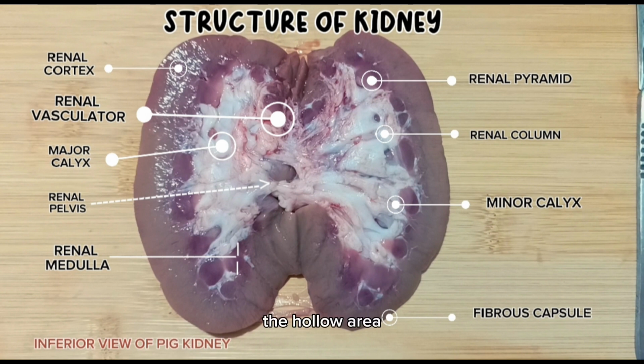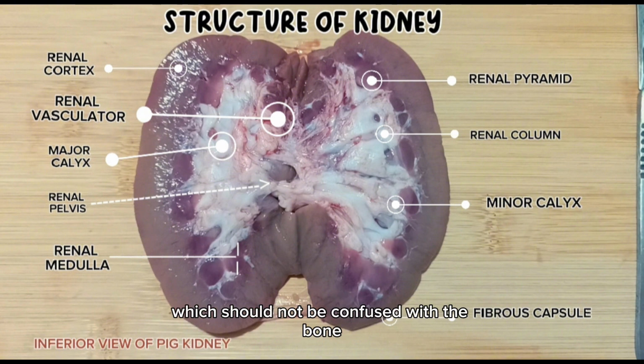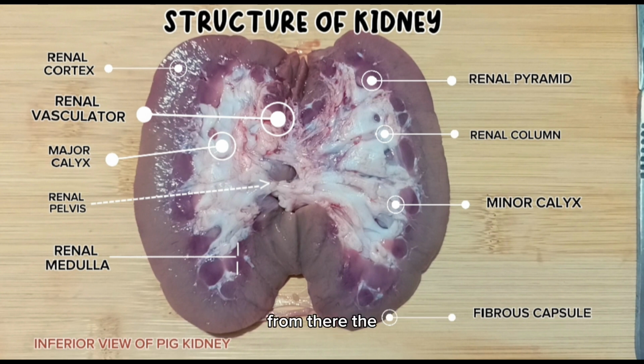The hollow area in the center of the kidney is the renal pelvis, which should not be confused with the bone called the pelvis. The collecting ducts drain into the pelvis. From there, the urine passes out through the ureter to the urinary bladder.